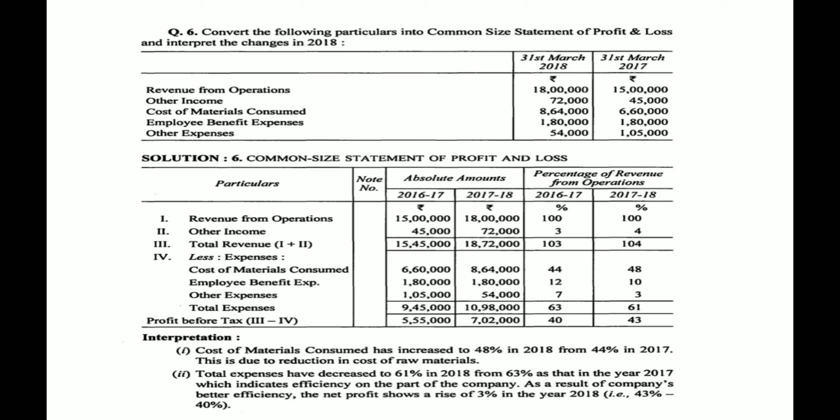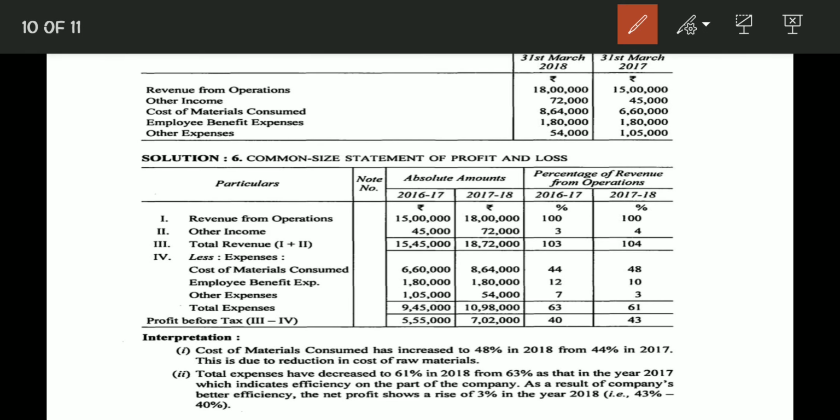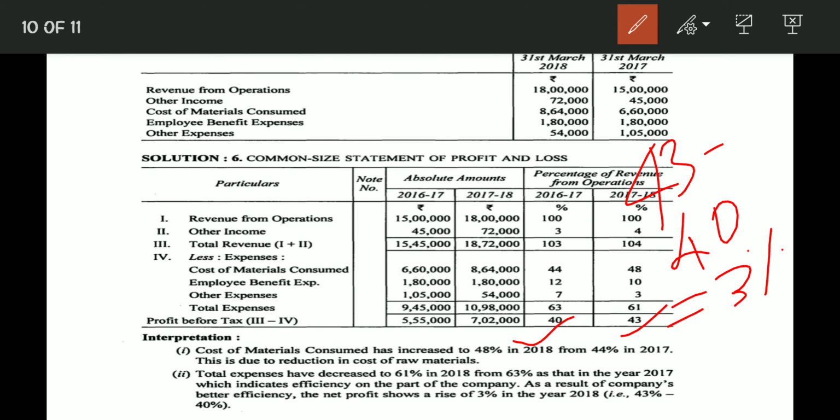So here the company shows good efficiency, and as a result the profit of the company increased by 3%, right? You can easily see here the previous year percentage of profit is 40 and current year is 43. So 43 less 40, 3% increase in net profit.